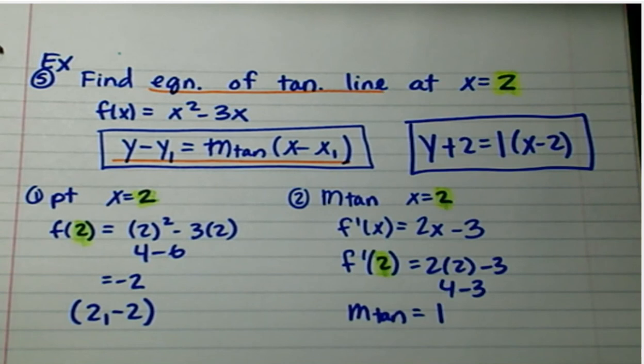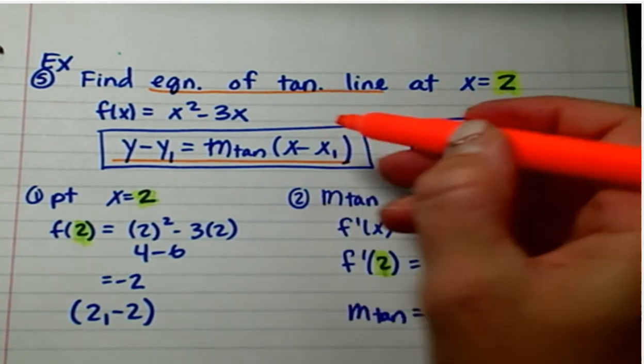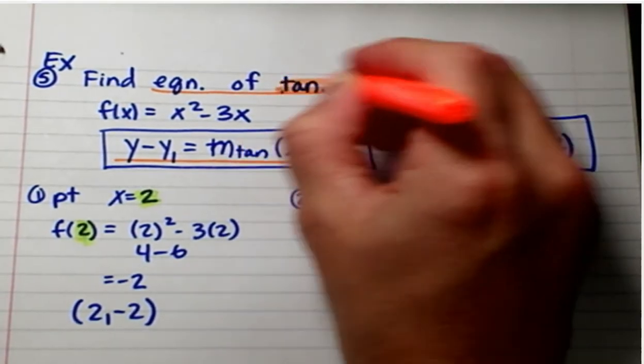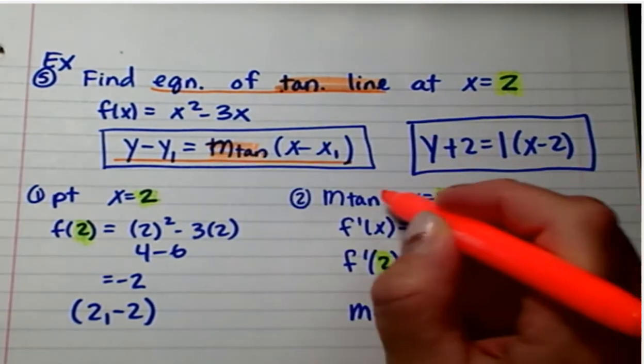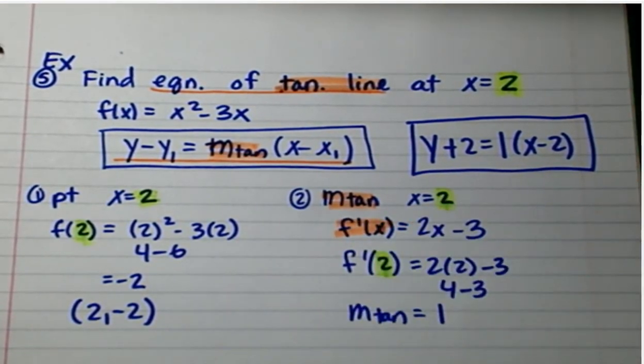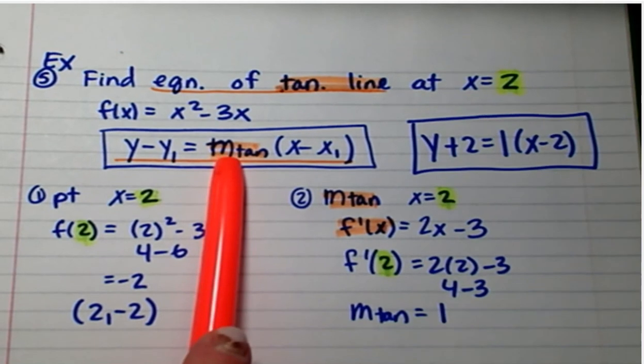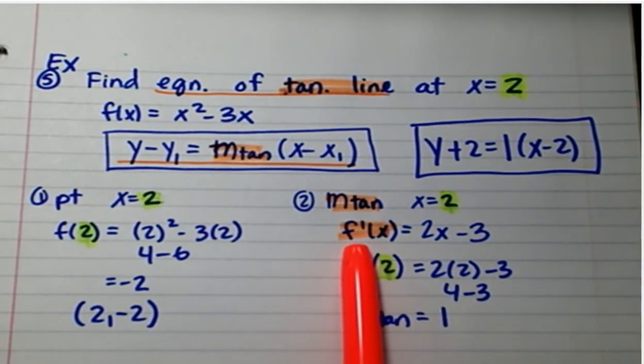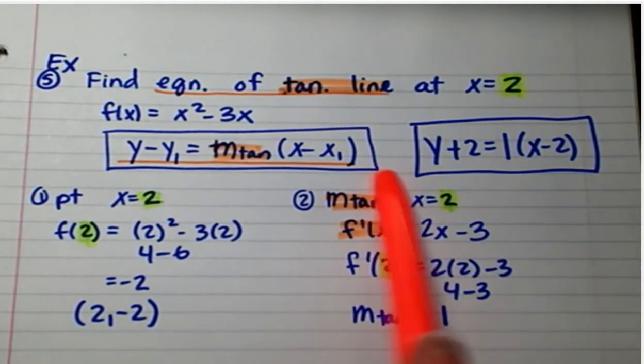Okay, so tangent line, tangent slope, right? That's the calculus part, right? It's the vocab. I was asking about a tangent line, so I know that I need tangent slope, which I know is the derivative. That's the calculus part.